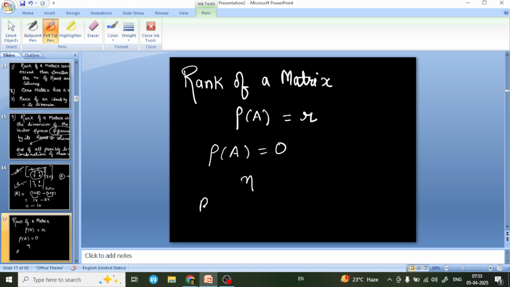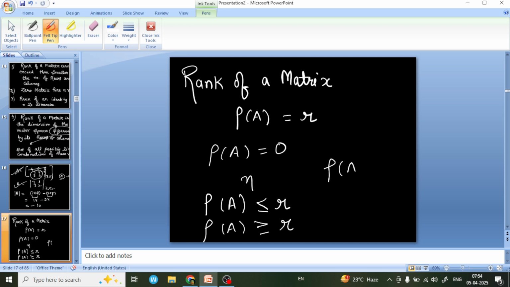Rank of a matrix is less than or equal to R if every minor of order R plus 1 vanishes, and rank of a matrix is greater than or equal to R if there is a minor of order R which does not vanish.